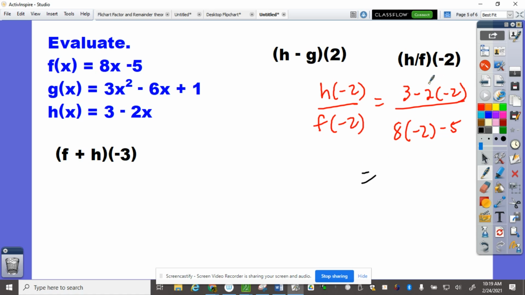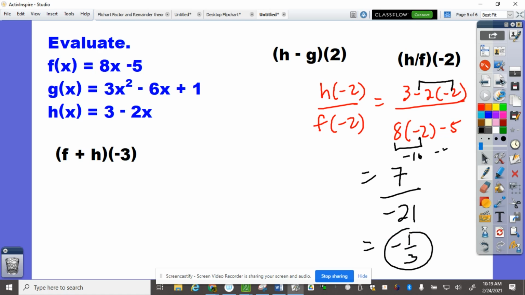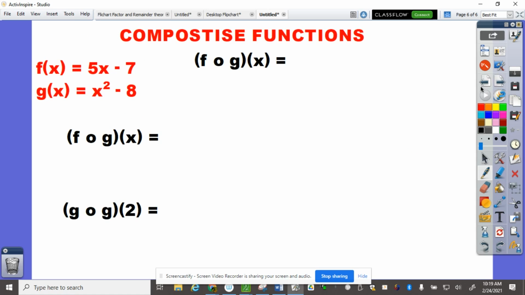That will give us negative 2 times negative 2 is positive 4. So 3 plus 4 is 7. 8 times negative 2 is negative 16. Minus 5 is negative 21. And 7 over negative 21 is the same thing as negative 1 third. And that's the answer. Okay? Very simple, right?